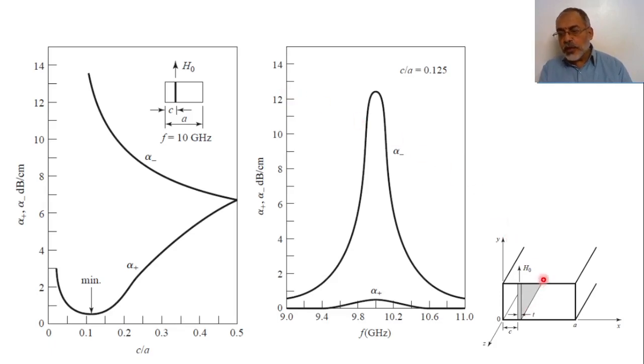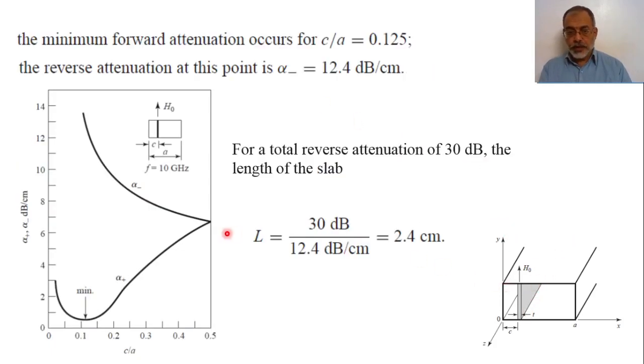So the total length of the ferrite slab can be obtained as the required attenuation over the attenuation coefficient in the reverse direction, alpha minus. So 30 dB over 12.4 dB per centimeter, this is the exact value. This means that the required length of this slab is 2.4 centimeters.